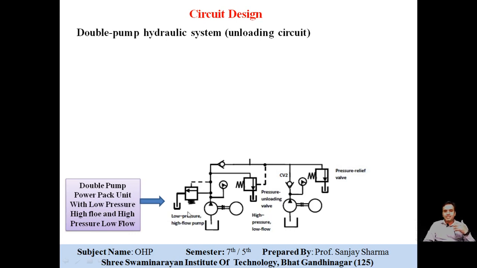So you can see here in the diagram that the two separate units are there, which is having two different power packs. The first one is low pressure high flow pump, and the second one is high pressure low flow.